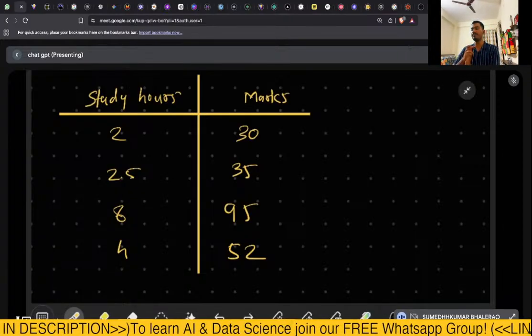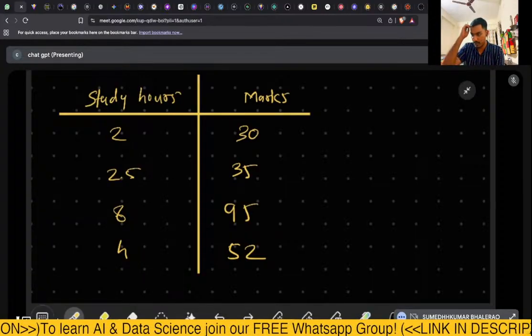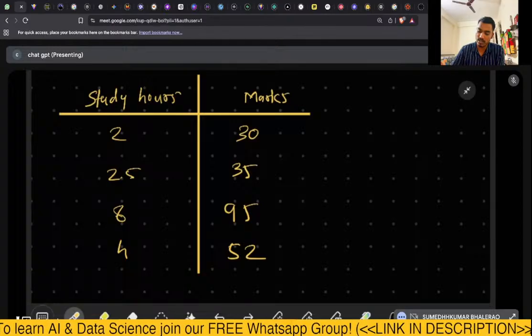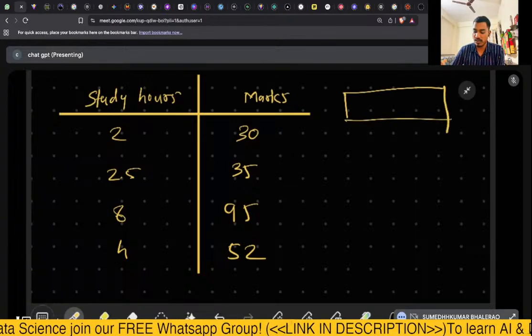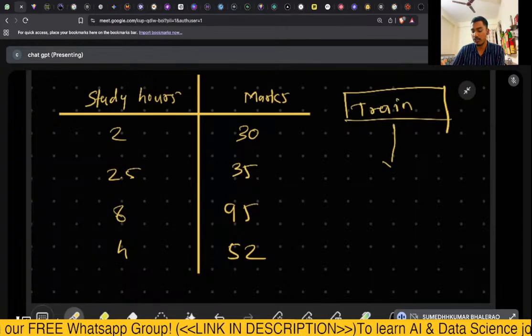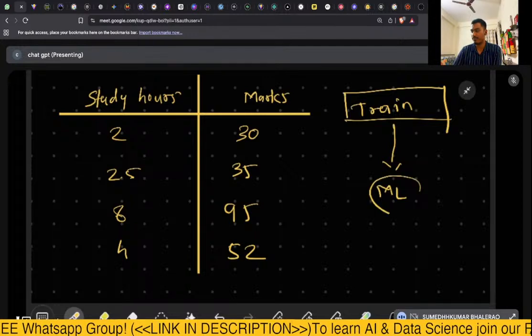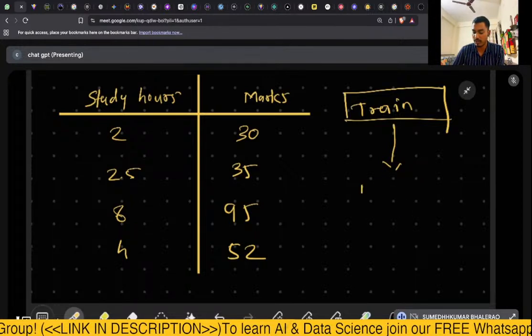Now on this data set, we train our machine learning algorithm or machine learning model. Okay, I will say machine learning model.